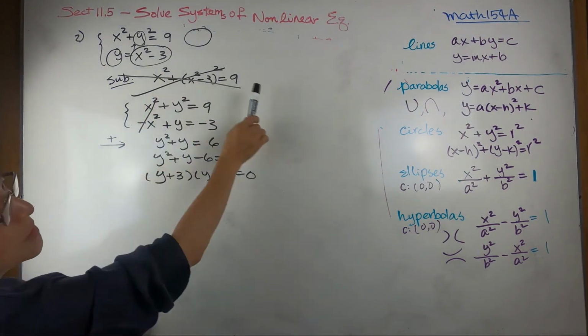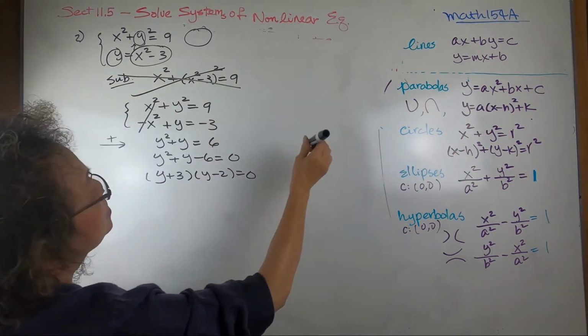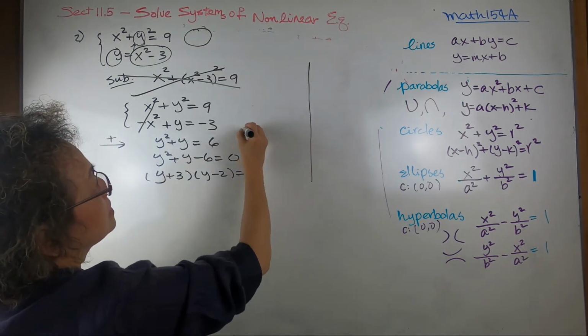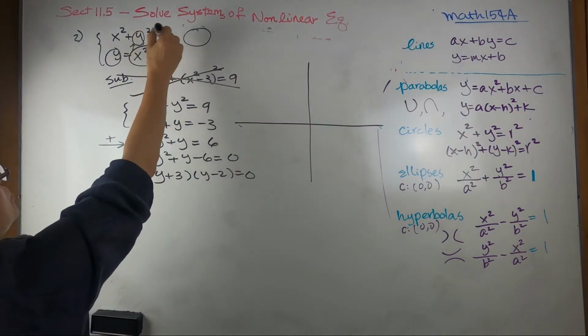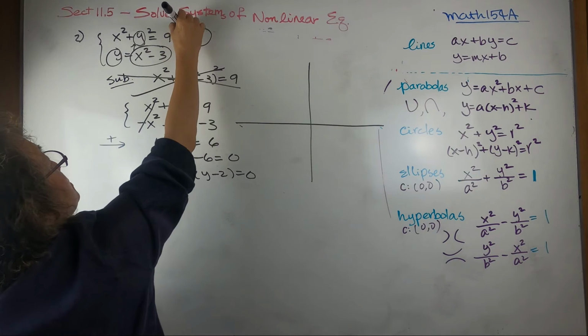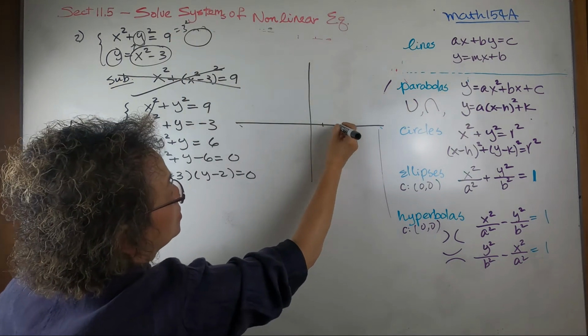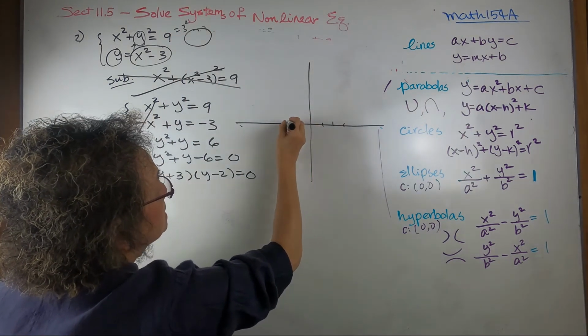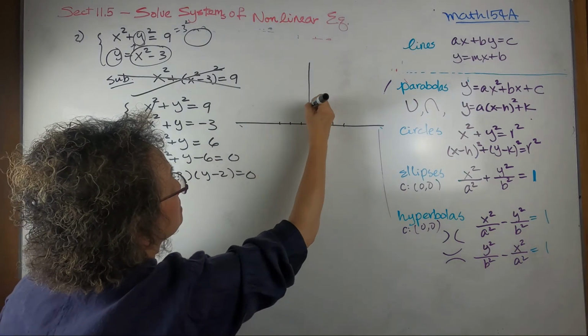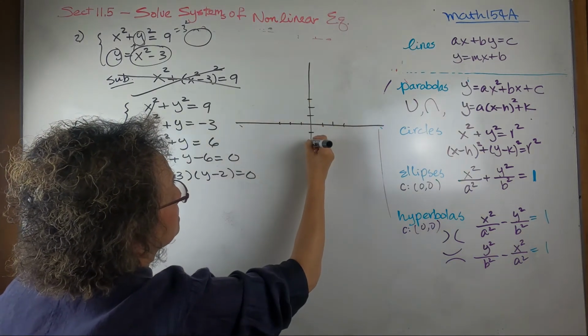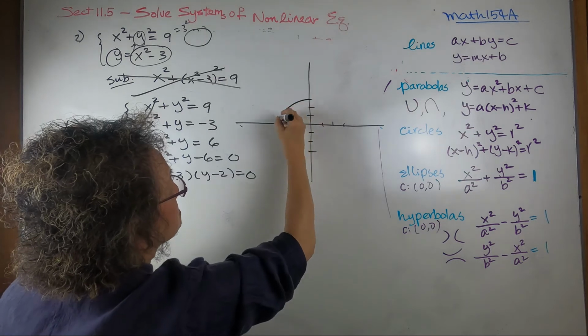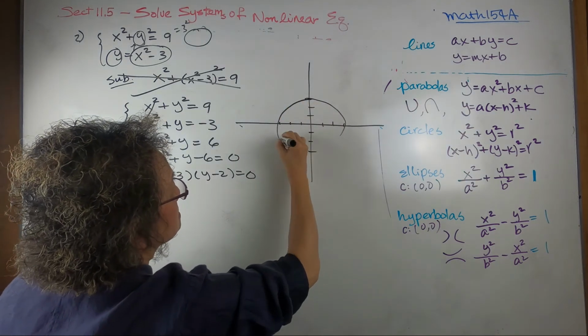So that would be what? A parabola. So then the circle one would be what? Equals 3 squared. So that would be your circle with radius of what? 3. Right? So that would be our circle.